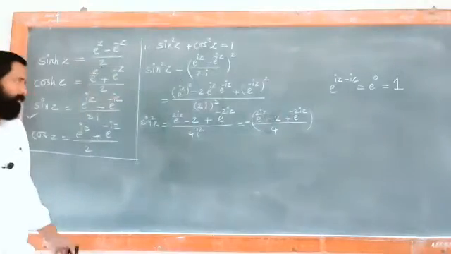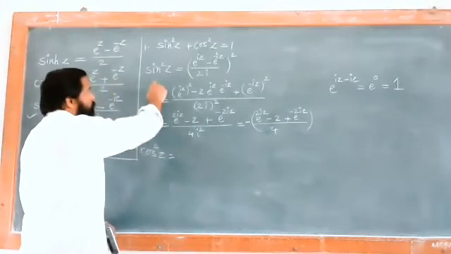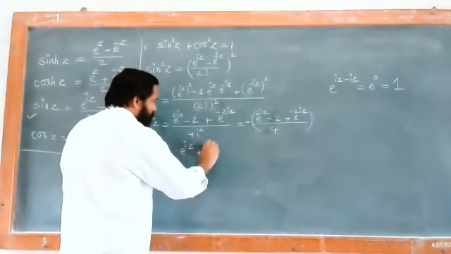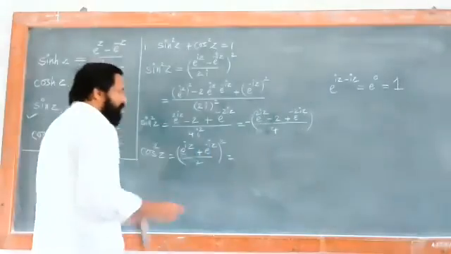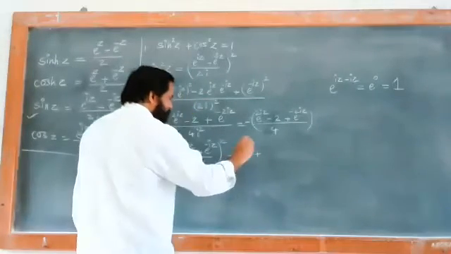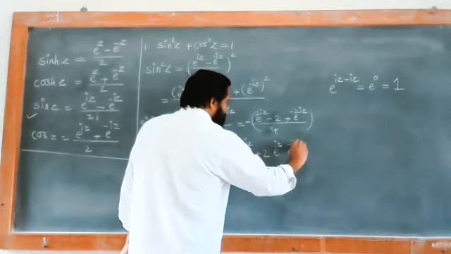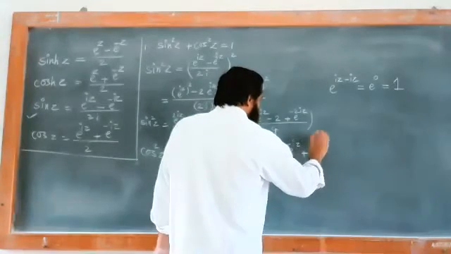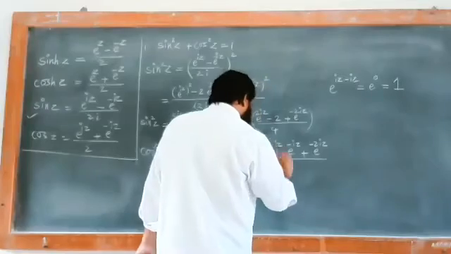First thing done. What about cos square z? Cos square z is the same thing: e raised to iz plus e raised to minus iz divided by 2, whole square, and now I will write it directly, that is e raised to twice iz, plus 2 times e raised to iz into e raised to minus iz, plus e raised to minus twice iz, and that is divided by 4.